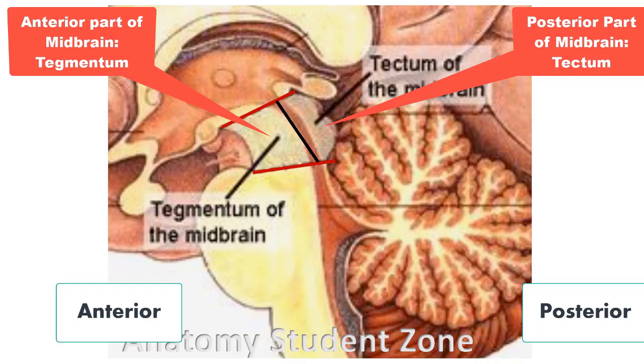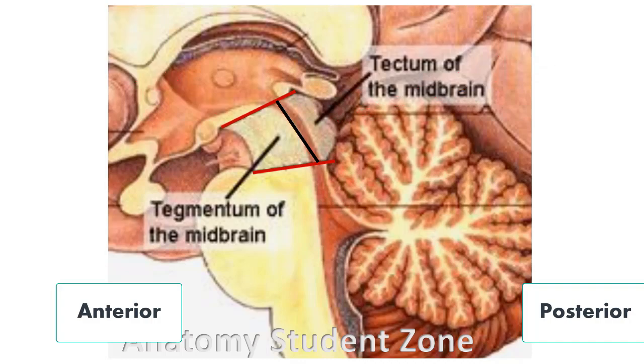So when you encounter the words tectum and tegmentum in neuroanatomy, it means you are in a midbrain section. If the section talks about the tectum, it means this is the posterior or dorsal part of the brain, and the tegmentum is the anterior or ventral part of that midbrain.